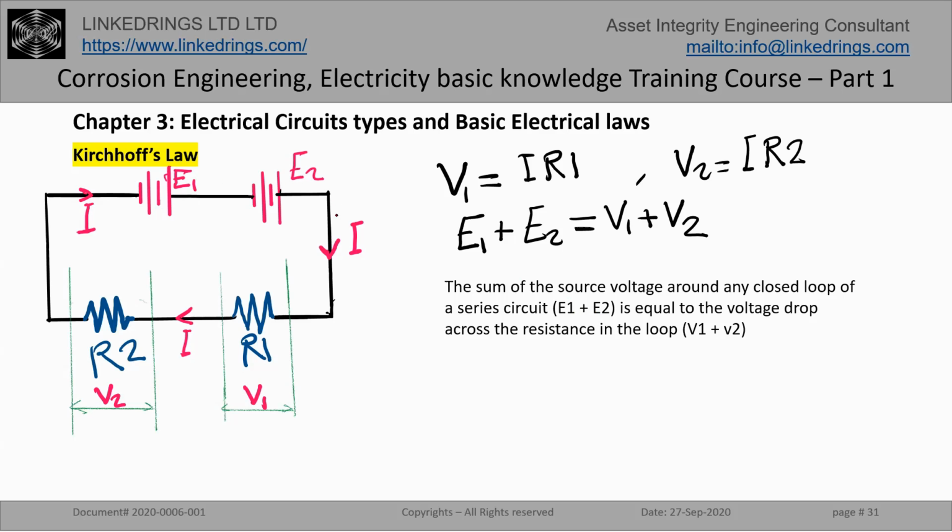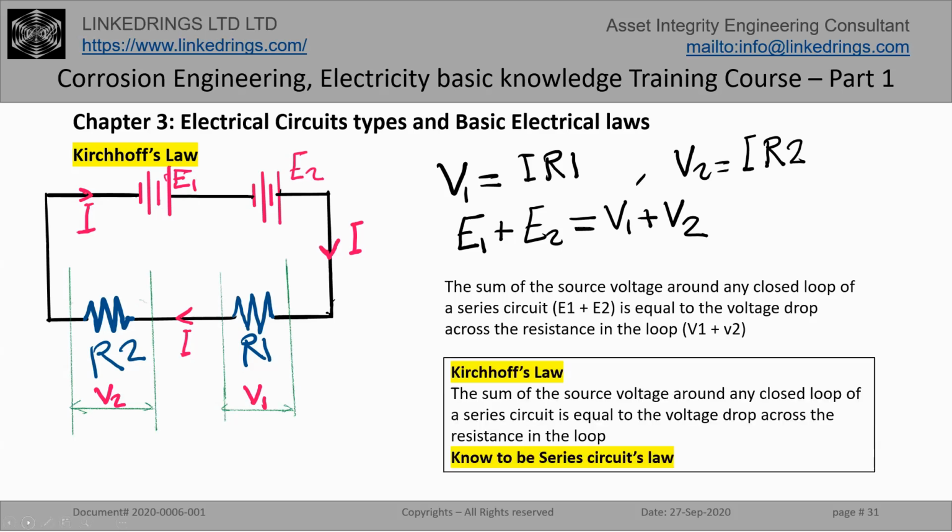So this is a closed loop series electrical circuit. The sum of the source voltage, E1 plus E2, is equal to the voltage drop across the resistance in the load, so it is equal to V1 plus V2.